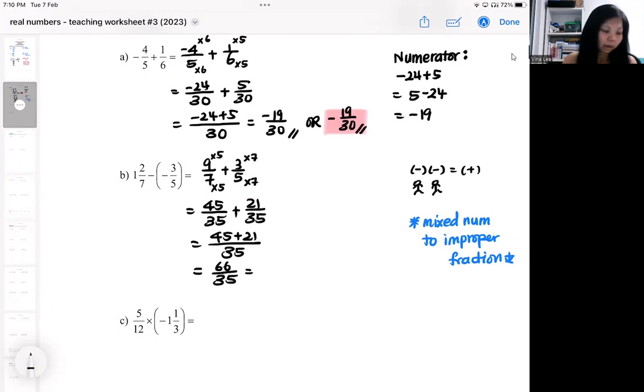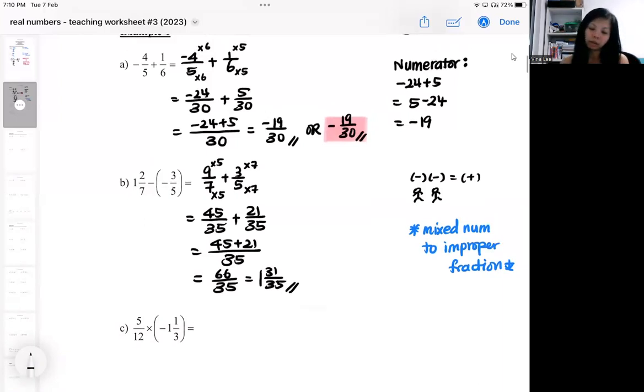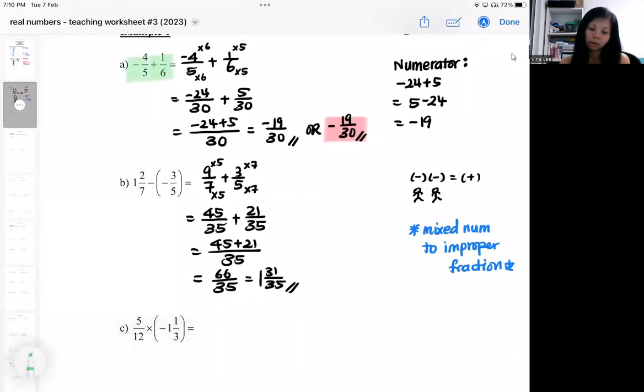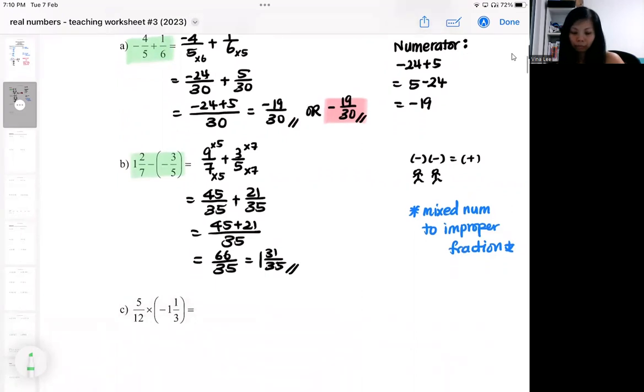And then you simplify it back to a mixed number. You can always try punching calculator. Okay, input exactly this on your calculator. Do you get the same number or not? Okay, so these are the essential working that you've got to show.